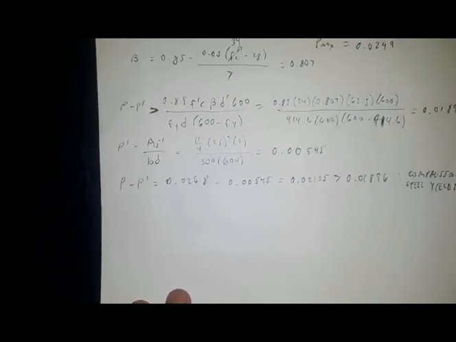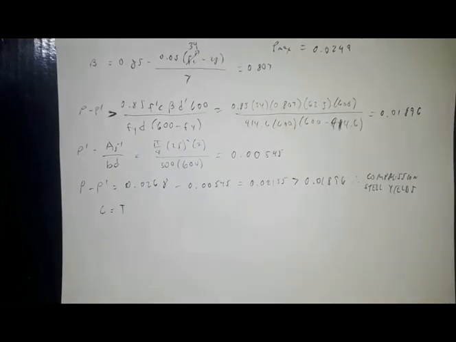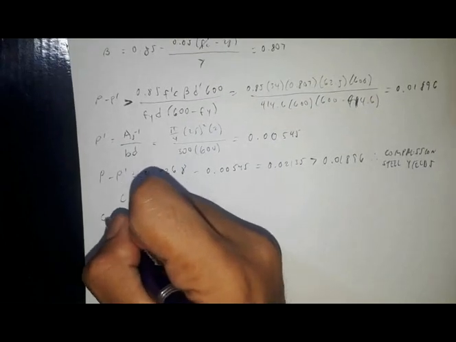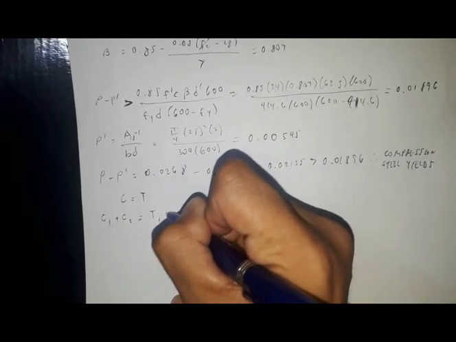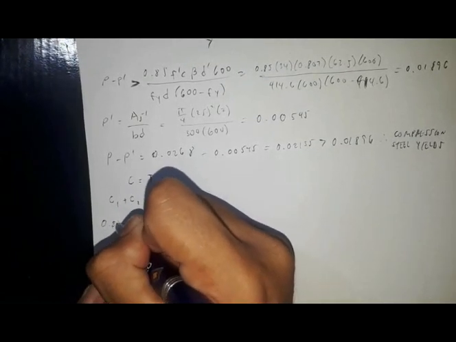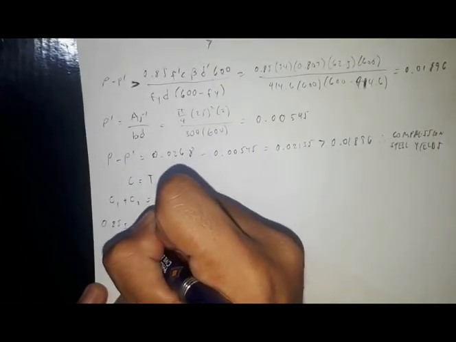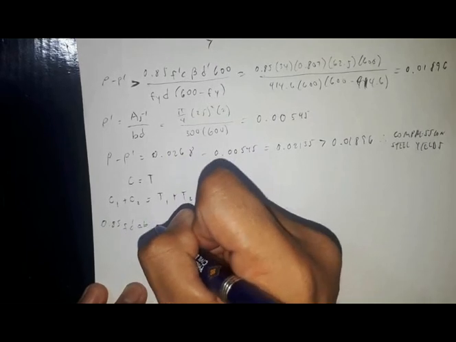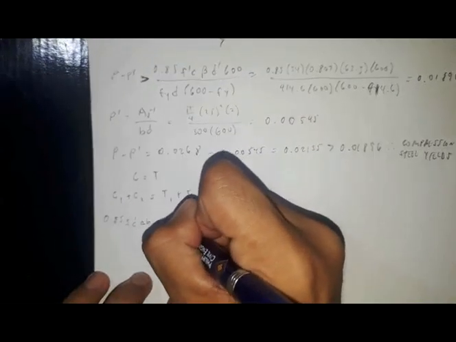So C is equal to T, and your C is C1 plus C2 equals T1 plus T2. So, ito yan. Now, C1 is 0.85 FC prime AB plus yung C2, ito is AS prime.